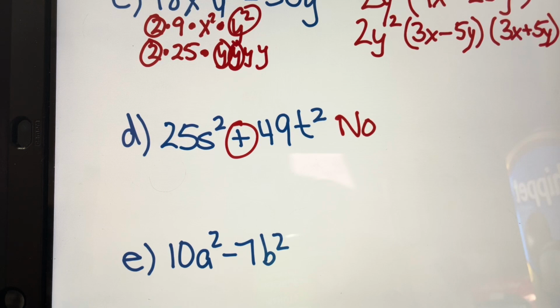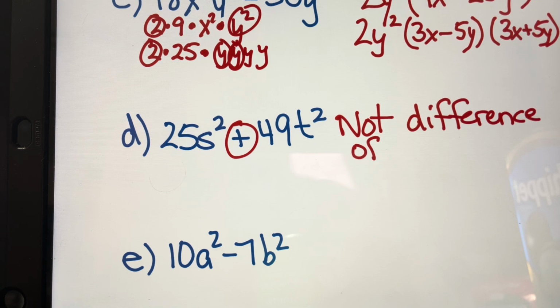This makes it not a difference of squares factoring, because without a minus, we don't have a difference. And there's no minus on the first term, so we're not able to rearrange it and make a minus in the middle. So we cannot factor this right now with the strategies that we've been given.